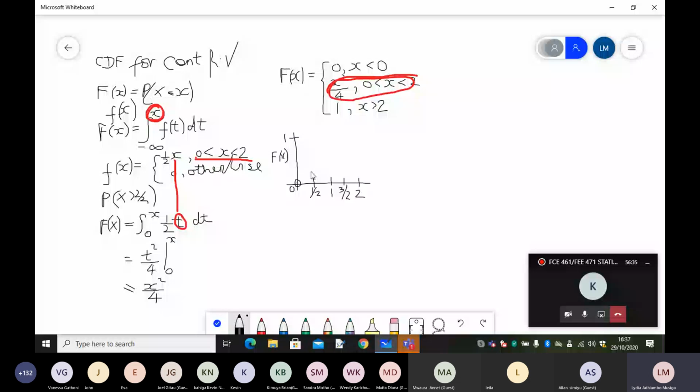When x is 1, capital F of x will be a quarter. When x is 3 over 2, it will be 0.56. Let me make this a little bit more realistic.